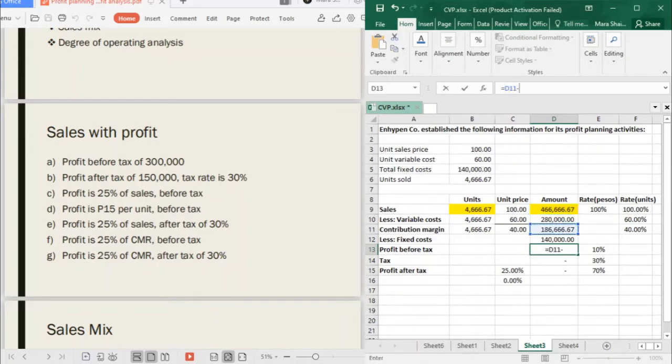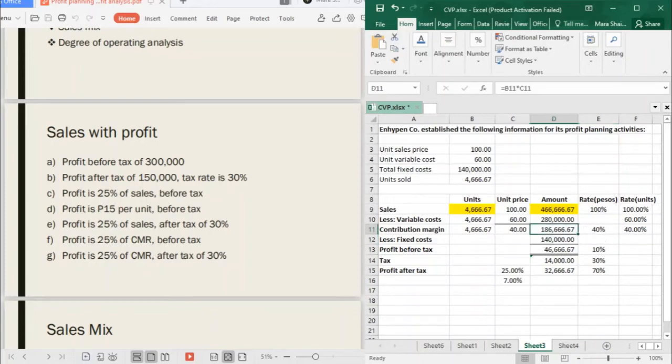Now, if we recheck, our rate is again 40%. Or if I try it in pesos, our contribution margin divided by our sales, that's 40%.